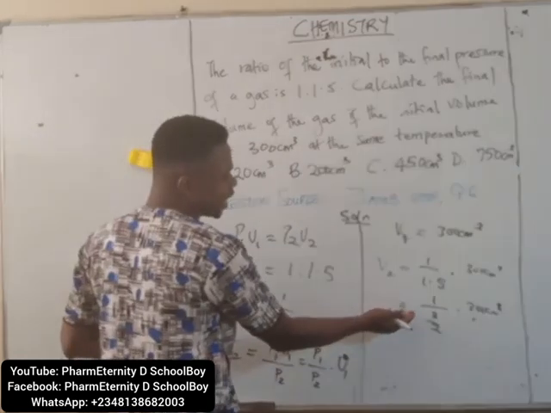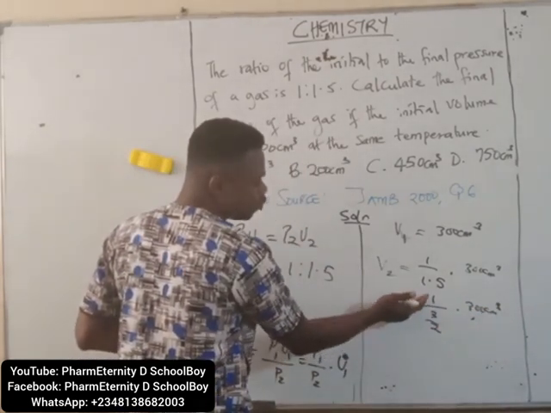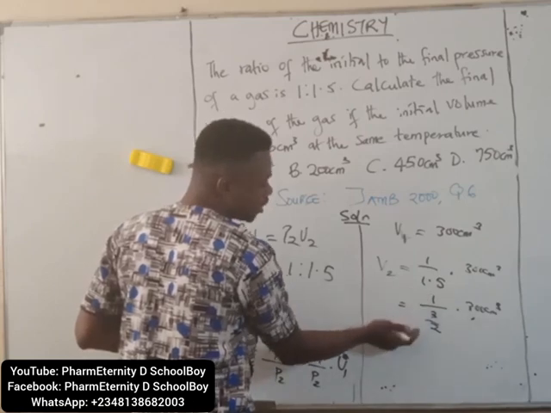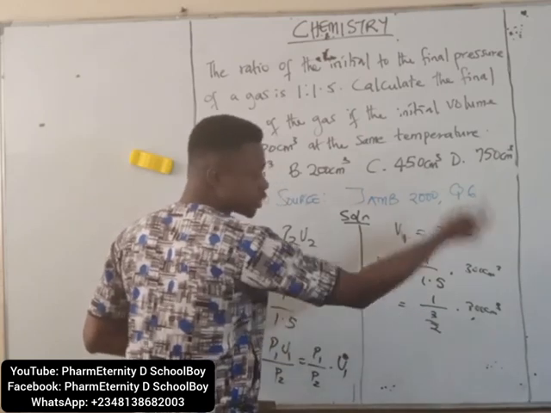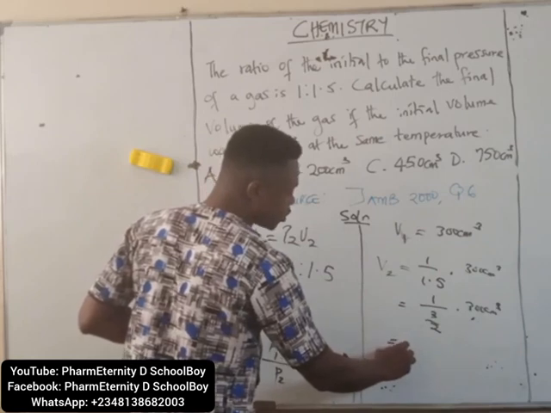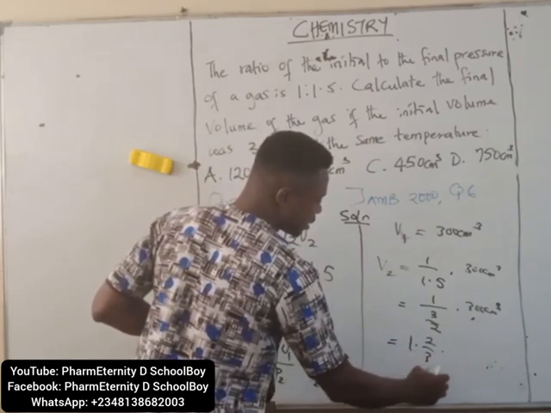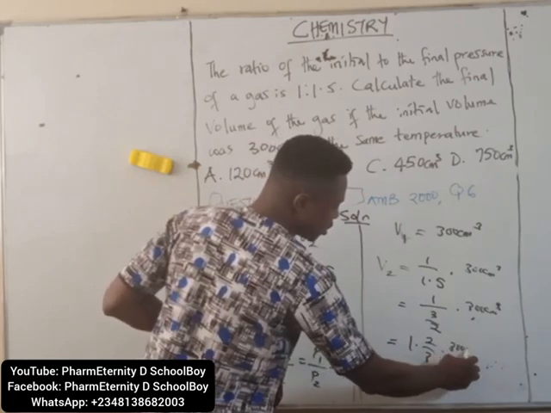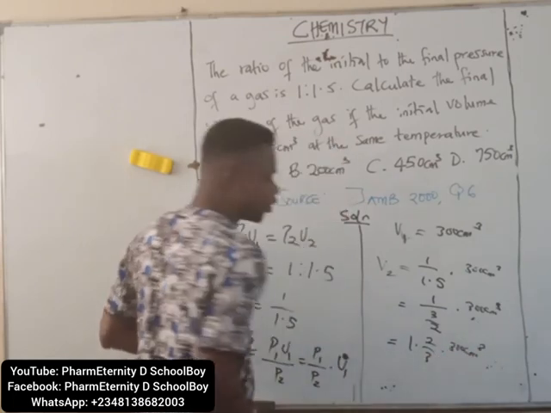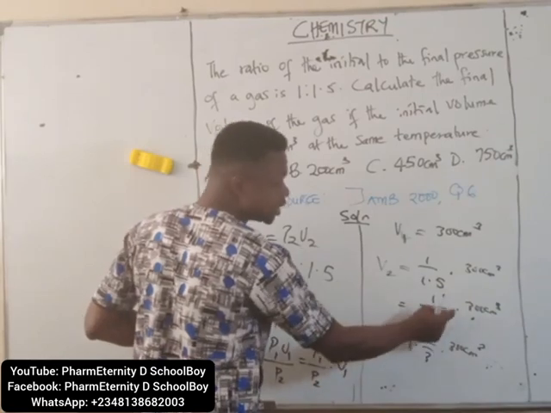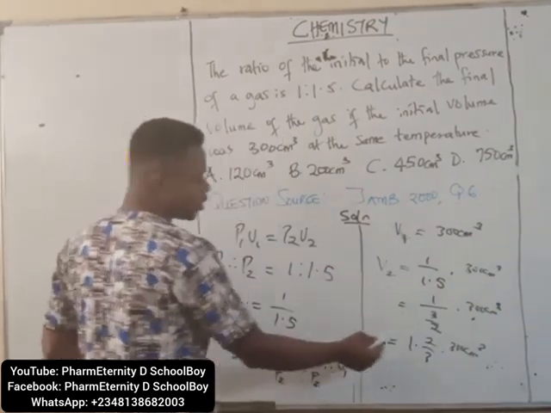By dividing fraction, for this to work out, this 3/2 must invert. So you now have 1 times 2/3 dot 300 cm3. For those that don't understand, this dot means multiplication.